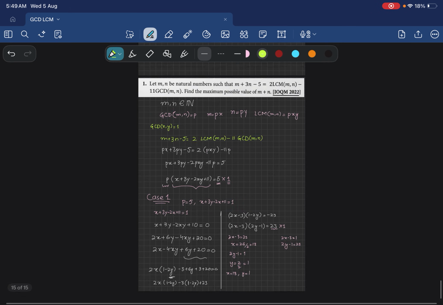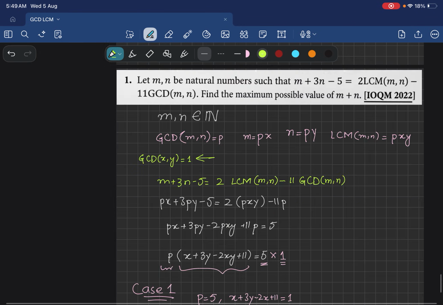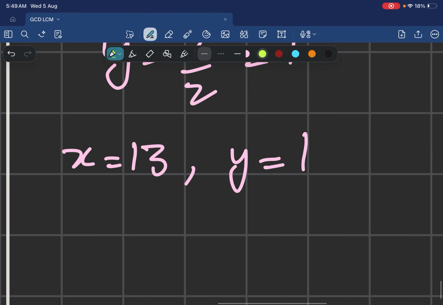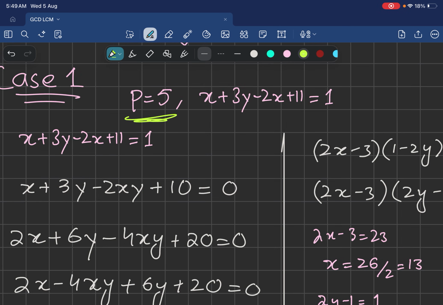Okay, so look, I told you earlier that GCD of x and y must be 1, and look at it, GCD of x and y is 1. There is no common factor other than 1, they both are co-prime. Therefore the value of m is px, and we said that p is equal to 5.